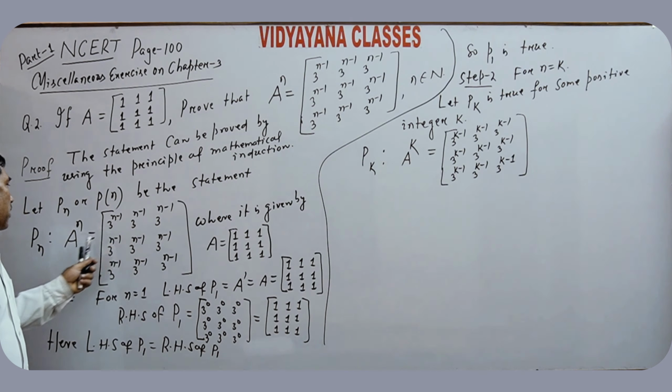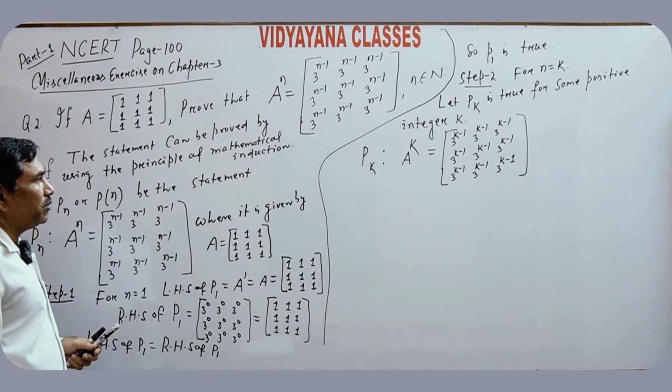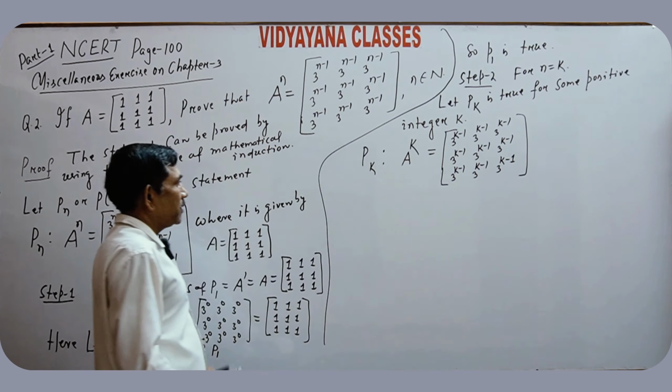For n is equal to k, it is A to the k, and each element of this matrix is also 3 to the power k minus 1.